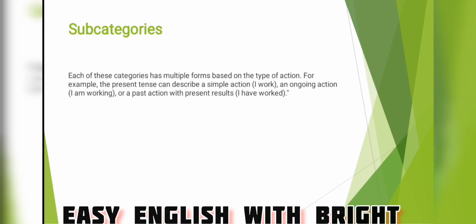And subcategories of tense. Each of these categories has multiple forms based on the type of action. For example, the present tense can describe a simple action, I work; an ongoing action, I am working; or a past action with present results, I have worked.